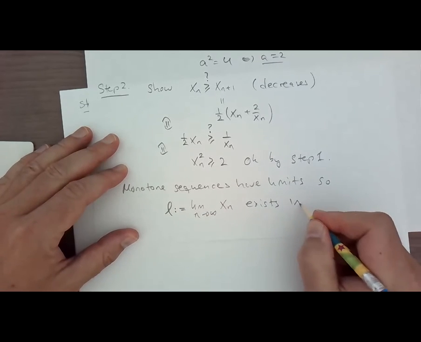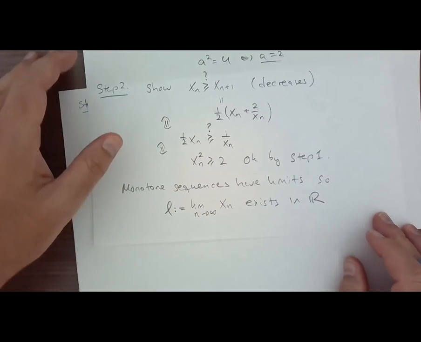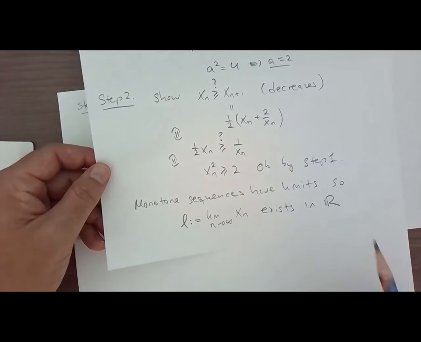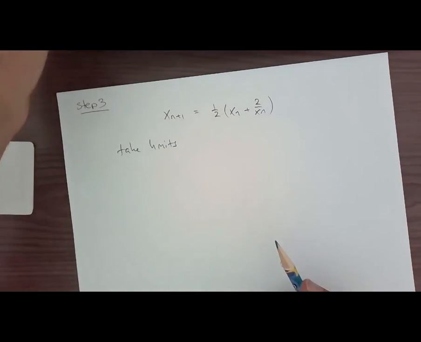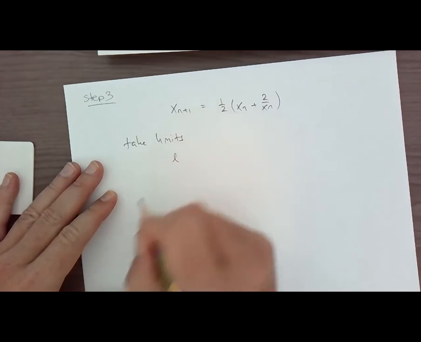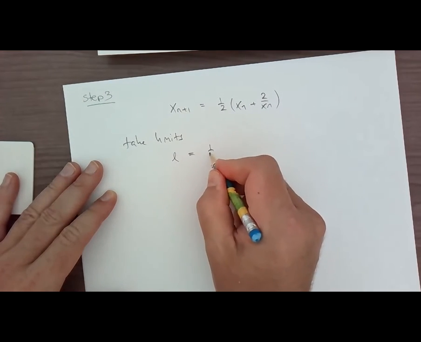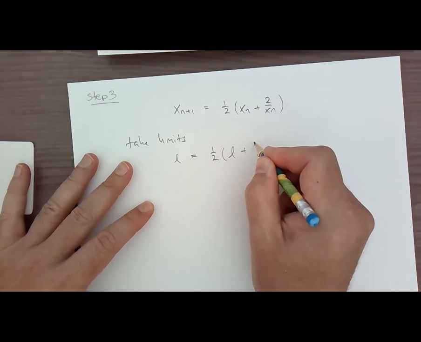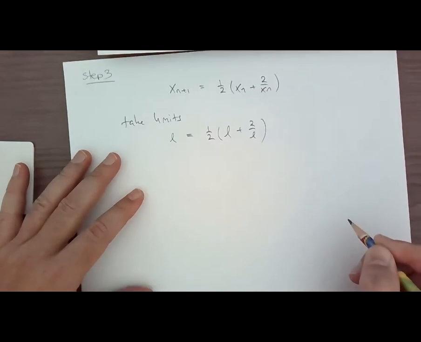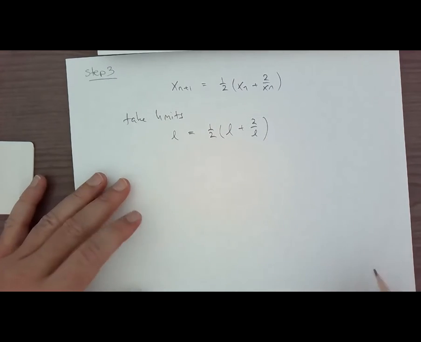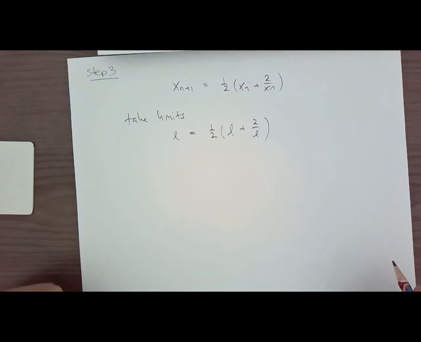We know that this thing exists in R. When I square it, it's going to be bigger than or equal to 2. We'll take limits. So we get the limit on the left-hand side is L, equal to 1/2 times the limit on the right-hand side, which will be L plus 2 divided by L. Now, what is L equal to? We have to be able to solve this equation.